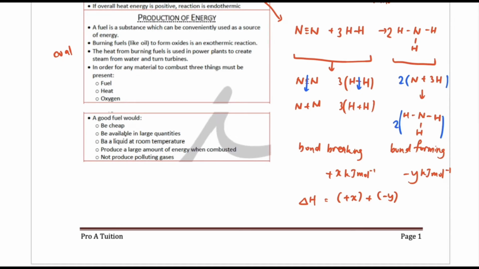Be available in large quantities. We have many countries that produce petroleum and export it to other countries, so it's available. Be a liquid at room temperature. For example, petrol and diesel, they are liquid.